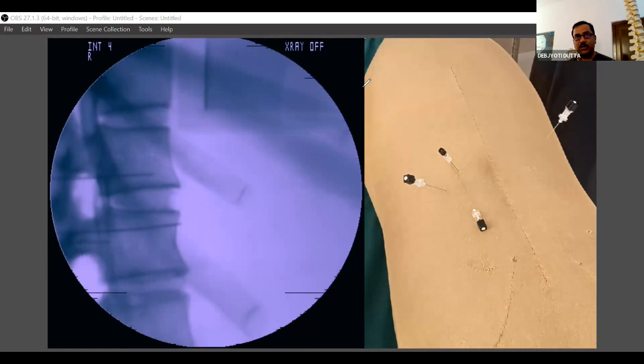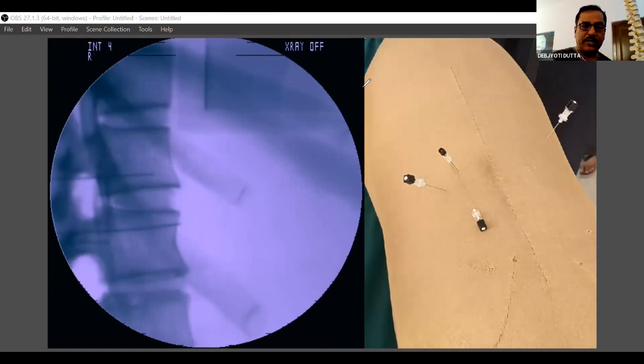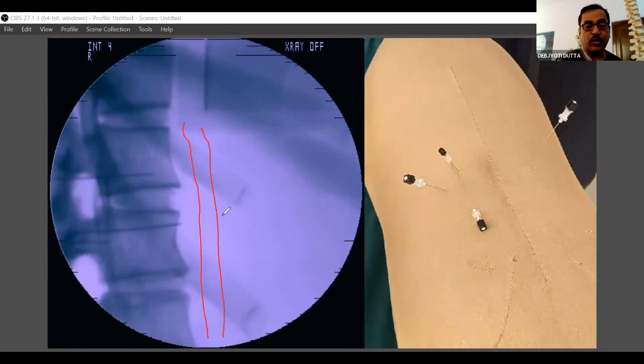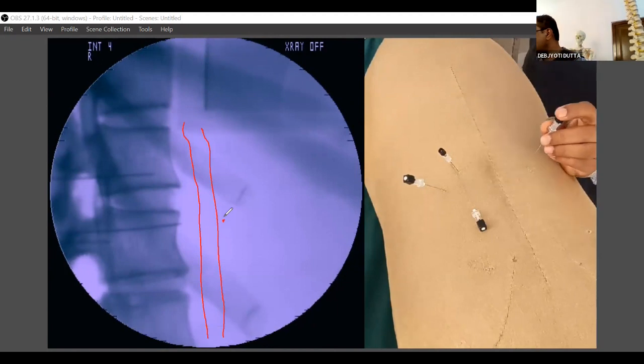Here it is antecrural, but it is posterior to the aorta. So as I told you, aorta will be here. You are antecrural, but you are posterior to the aorta. So I have to advance, I have to come here, right? So I'll be pushing it further, and it is all tunnel vision.